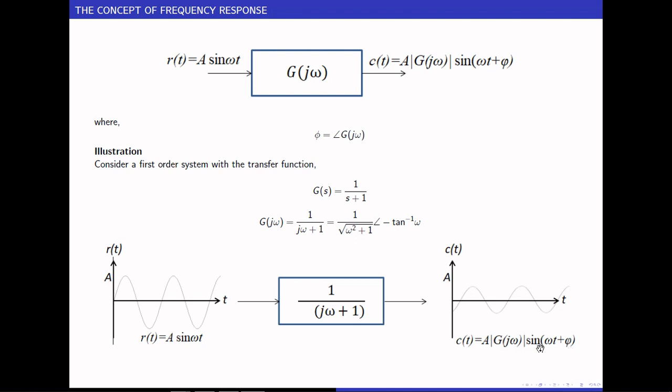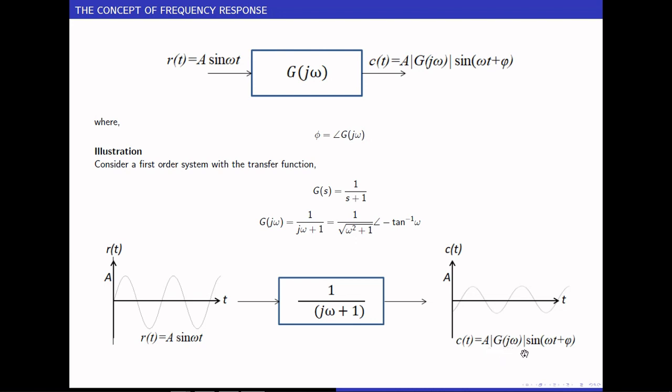Please note that for a particular frequency, if the magnitude of g of j omega is 1, then what will be the magnitude of the output? A into 1 will be A, same as the input. But for another frequency, if the magnitude of g of j omega is lesser than 1, A into a value lesser than 1 will be something lesser than A, and therefore the amplitude also will be less.